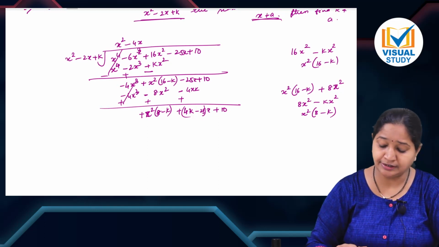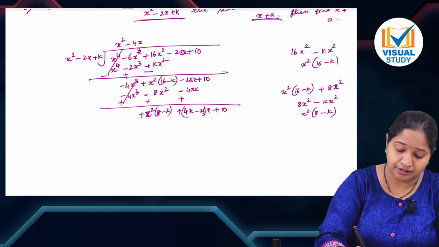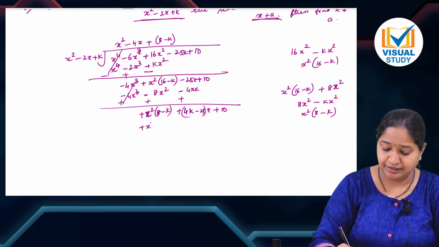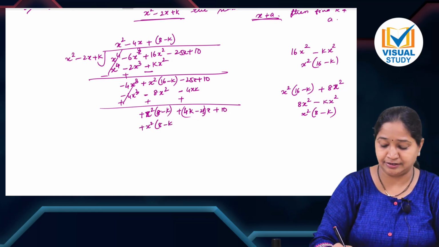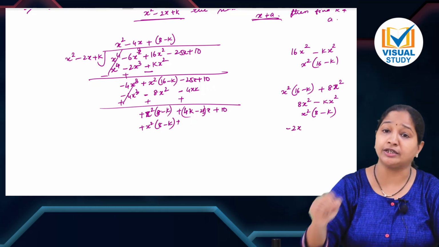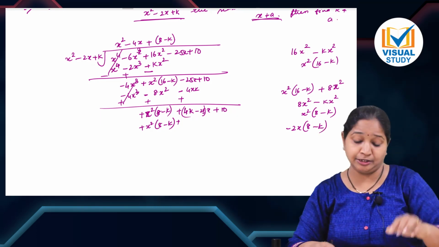Now what you want is 8 minus k into x. So here I will write plus 8 minus k. 8 minus k into x square you get x square into 8 minus k, plus this, minus 2x into 8 minus k.